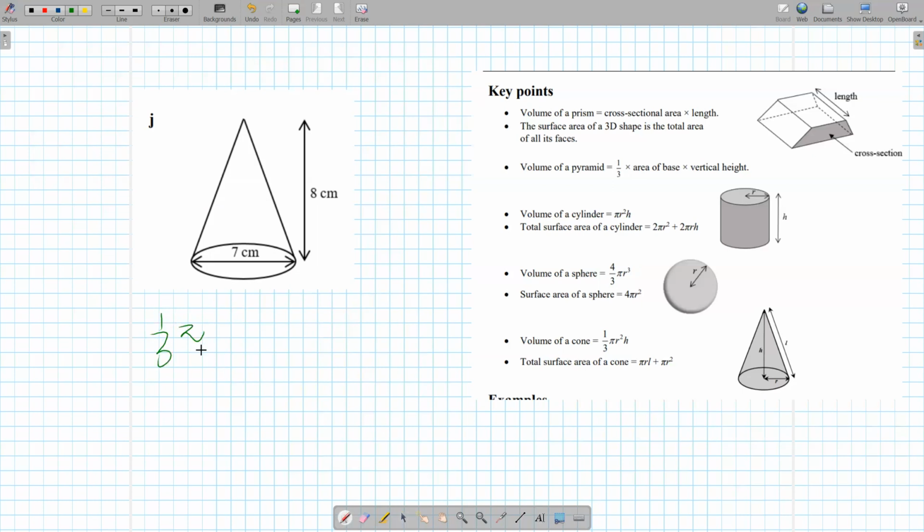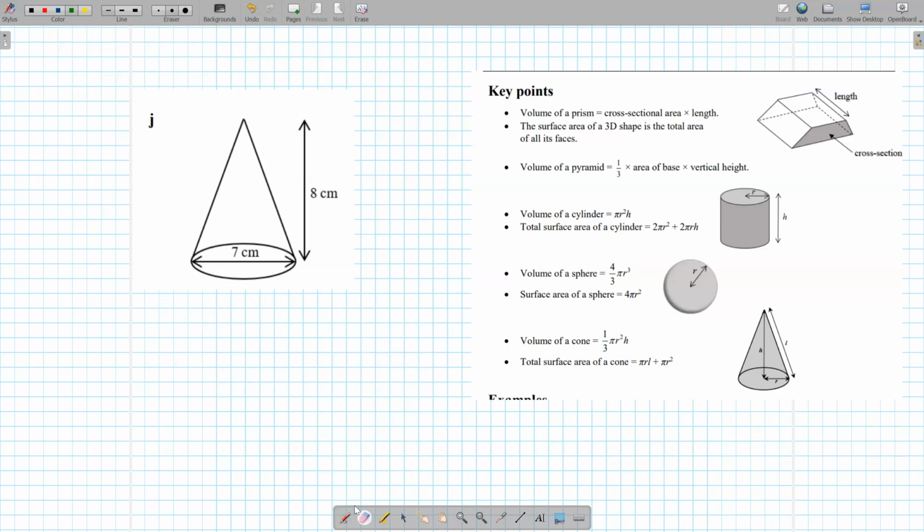What's the radius? 3.5. Yeah, 3.5 squared, and then the height is 8. Now this one won't be exact, would it? We'll do 1/3 times pi times 3.5 squared times 8. So that is 102.63.